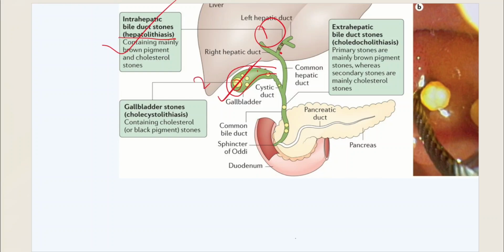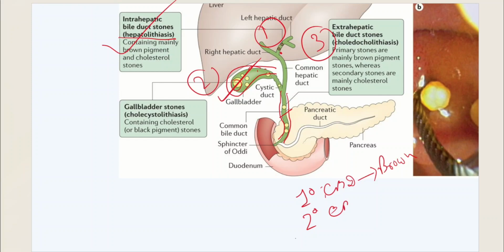Then comes the third part. This green structure is the CBD, common bile duct, and these are the stones. The third one is extrahepatic bile duct stone called choledocholithiasis. The primary stones in the CBD are brown pigment stones.